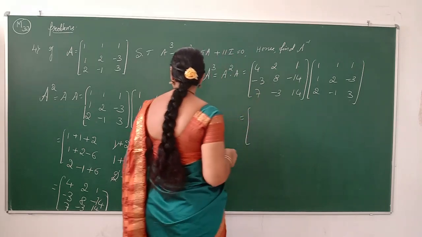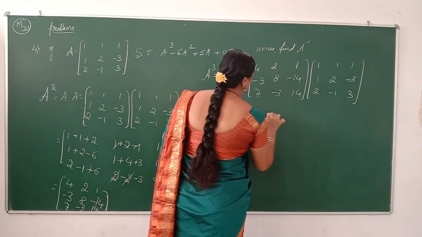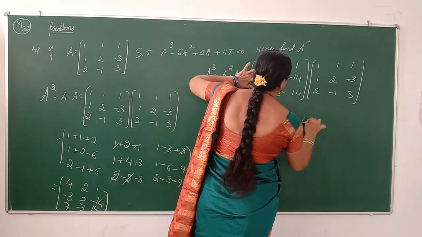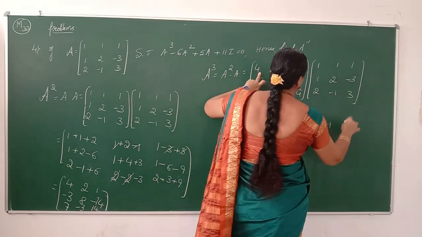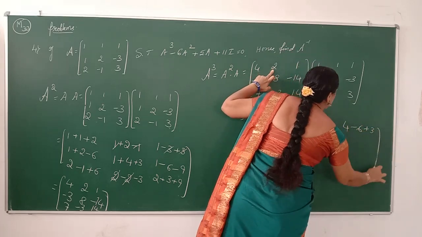Again first row first column, 4 into 1 is 4, 2 into 1 plus 1 into 2. First row second column, 4 plus 4 minus 1. First row third column, 4 minus 6 plus 3.